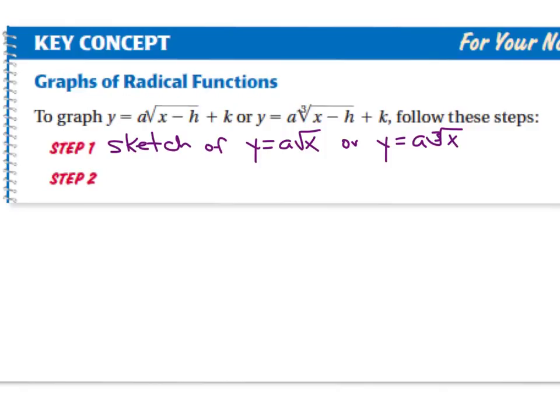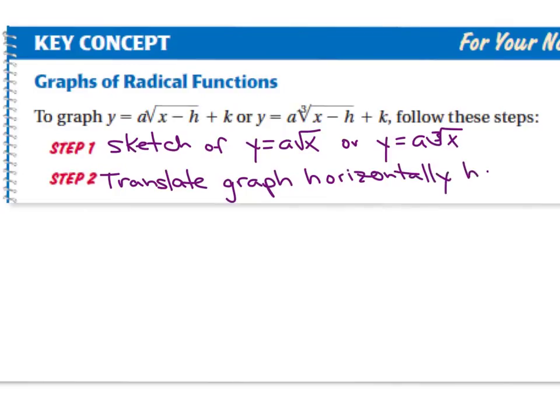And then step 2, you're going to translate the graph horizontally h units and vertically k units. And that'll be pretty similar to what we've done, it's called the locator point, where we move things and how it moves around, and it's going to be identical to how it was in quadratics.